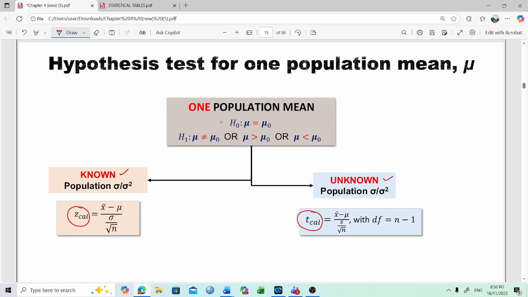So what is the difference between the variance known or unknown? If it is known, we can use sigma here. If it is unknown, we cannot use sigma, but instead of sigma, we use the sample standard deviation. Sigma here is the population standard deviation, and this is the sample standard deviation.